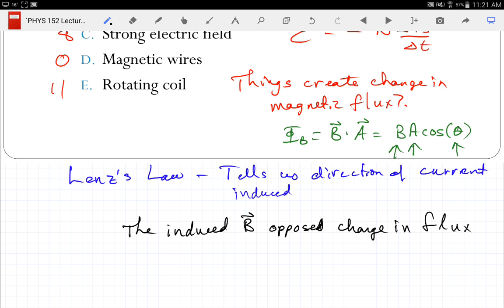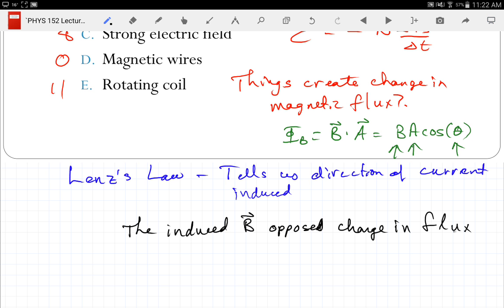Now before we forget, back it up. This is still north. I start with it here and I pull it away. What happens to the strength of the magnetic field? It decreases. So what does Lenz's law say is going to happen? It's opposing the change. So since the flux went down, what's it going to do?